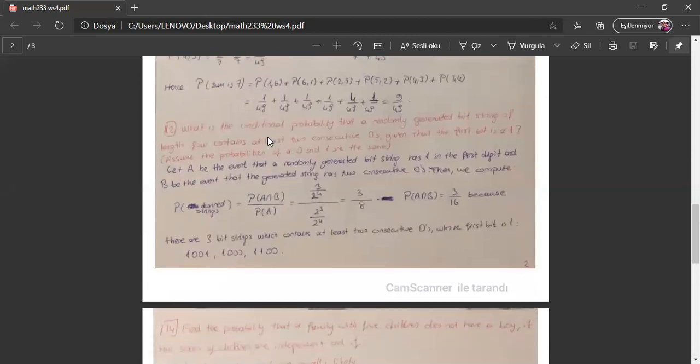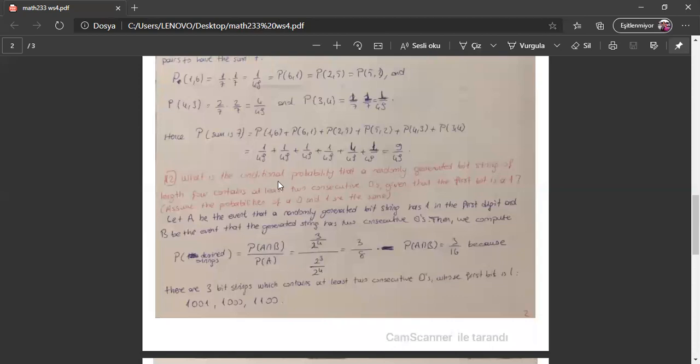Now we want to compute a conditional probability. We randomly generate a bit string, its length needs to be 4, and it needs to contain at least 2 consecutive zeros.